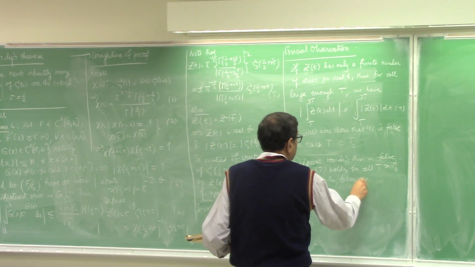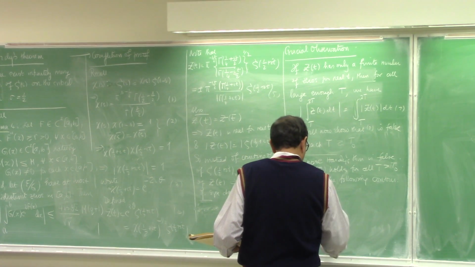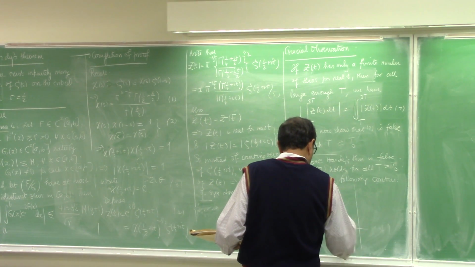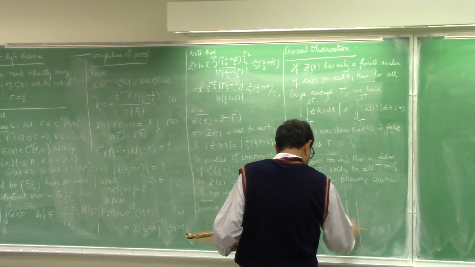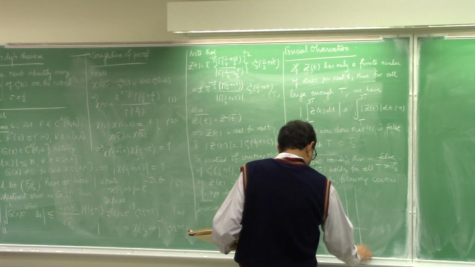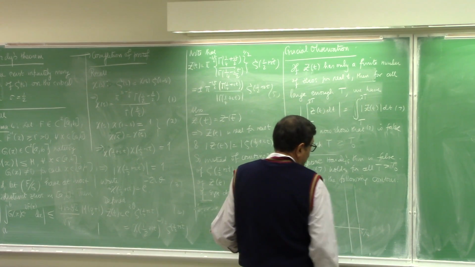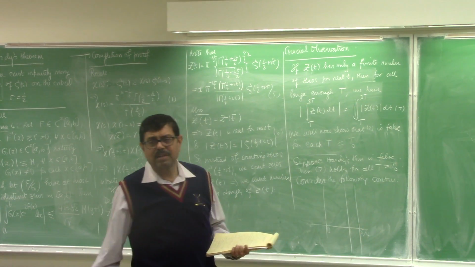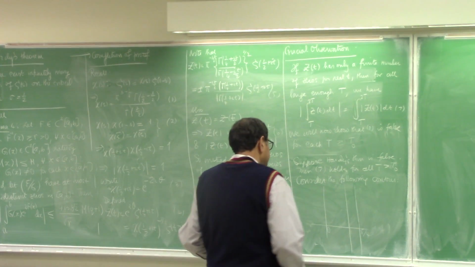I'll tell you which is important here and which is not so important in this contour. So 0, 1. We have to choose the point to the right of 1. Okay, so we're going to choose something like this.